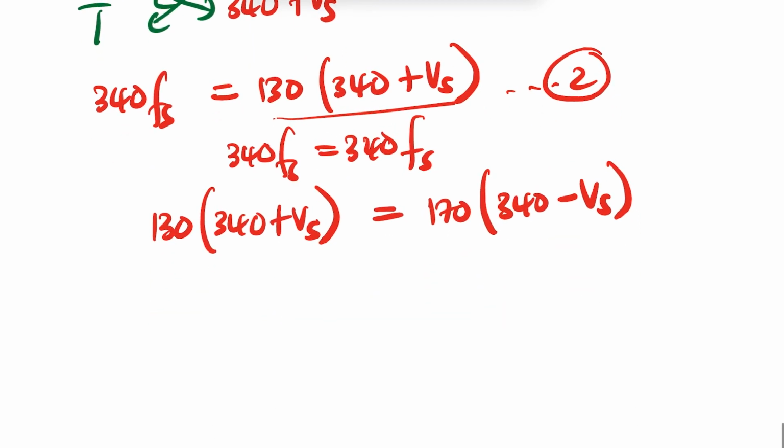So you can see now we have one unknown, which is Vs. So we have to distribute this times this, and this times that.